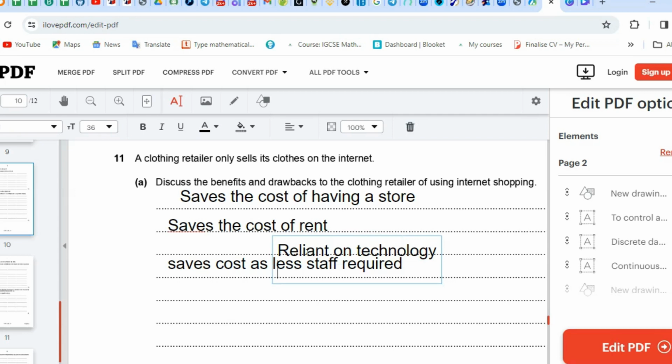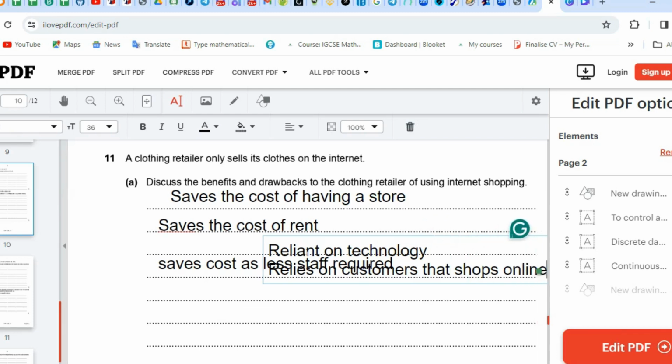That means those who shop offline, or physically, will not have access to your clothes.